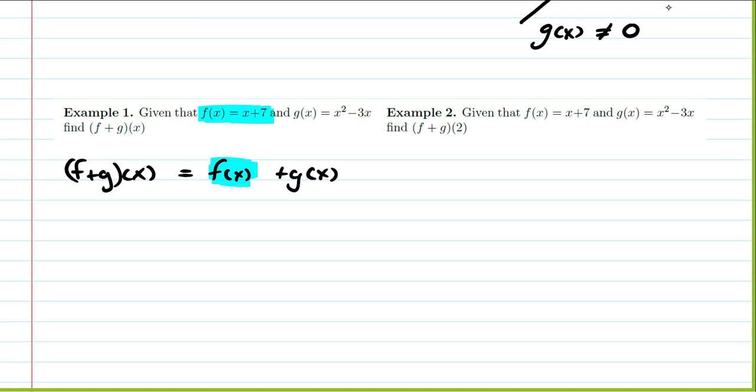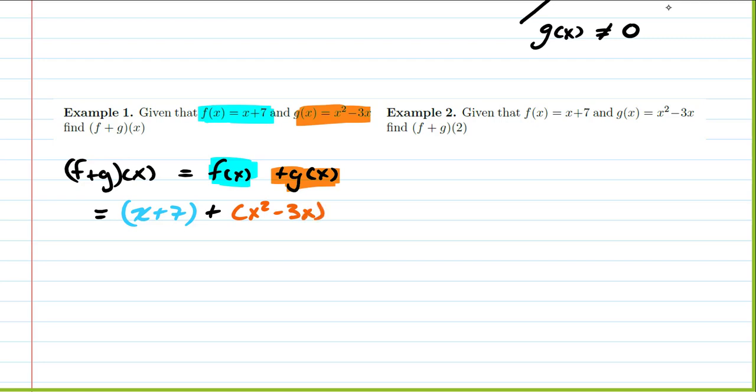So this is going to equal x plus 7 in parentheses plus our g of x, which is x squared minus 3x.